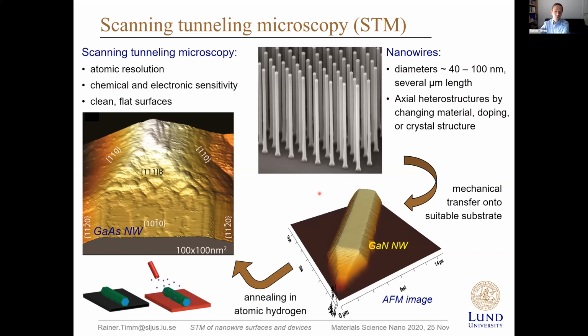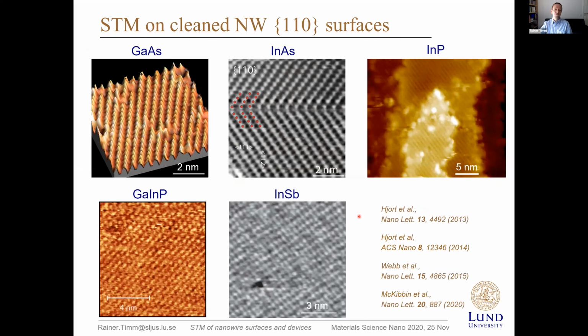So if we here have the entire wire, what we are doing now is that we zoom in and go to the side of one such facet, and then we will see structures like this, where we can see in this case group 5 atoms of gallium arsenide, indium arsenide, and phosphide, and you see the structures of different types of nanowire surfaces. The cleaning, of course, is a bit of a challenge. You can see here for indium phosphide, for example, we have some patches of native oxide left. For other materials, it works better.